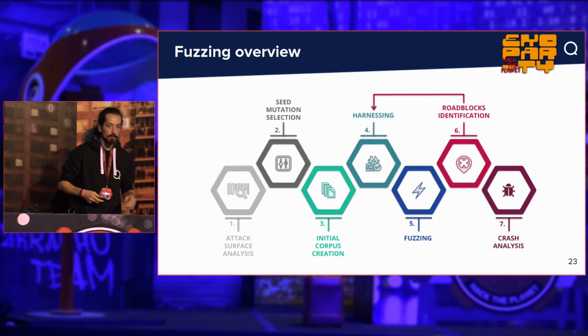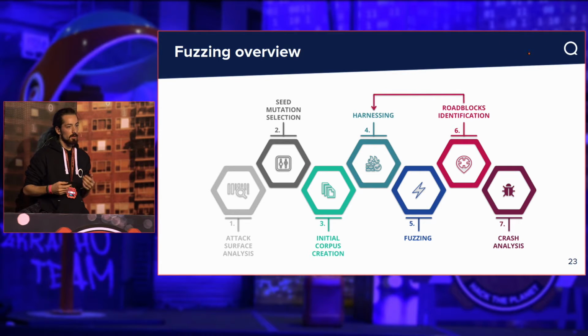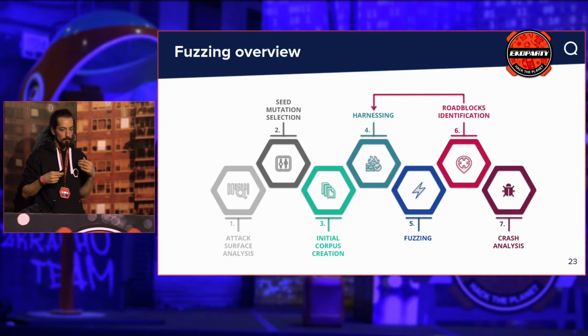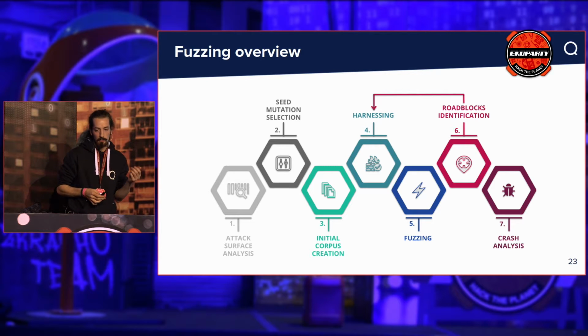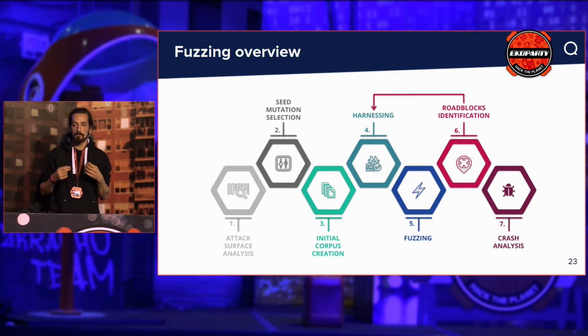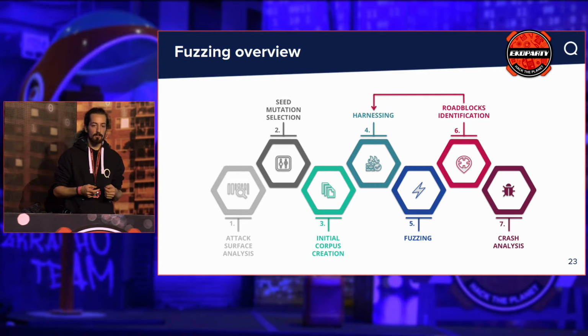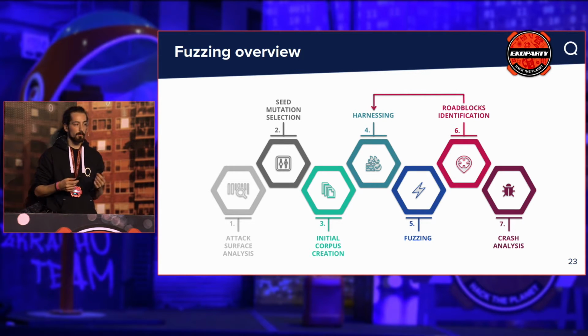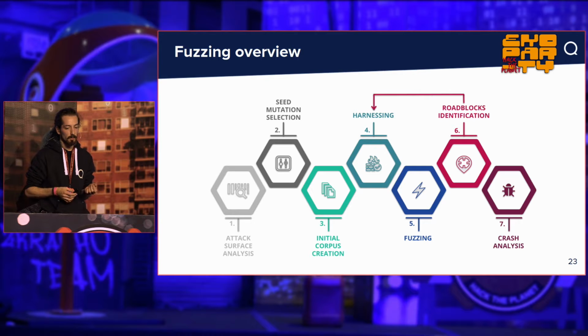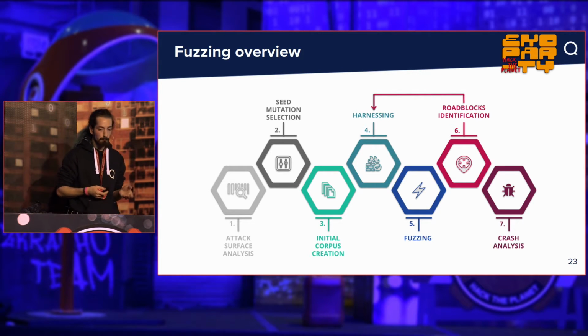Once you identify the function you want to test, you need to select a mutation strategy, so how you will mutate the input given by the fuzzer. AFL++ comes with a lot of pre-existing ones, but you can also create your own. And after that, you need to give a set of examples to your fuzzer, which will help it to understand what the input should look like and how to process them.